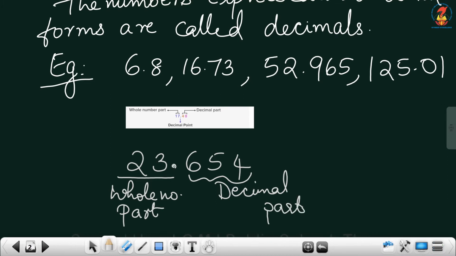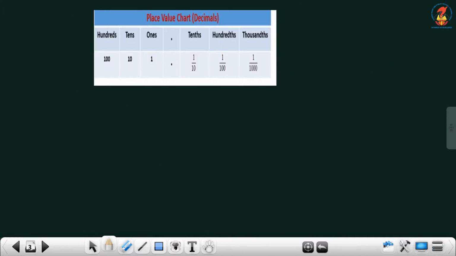And this dot is known as decimal point. Clear children? A decimal number has two parts, whole number part and a decimal part separated by a decimal point.